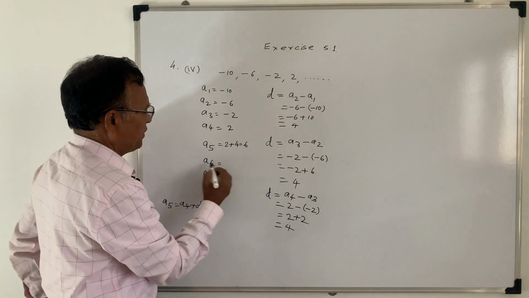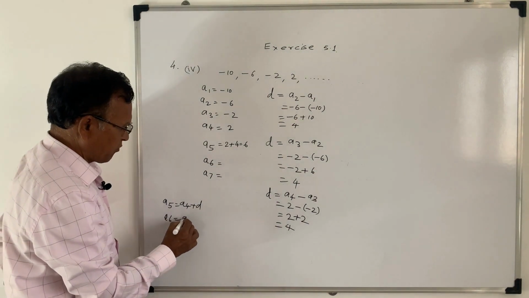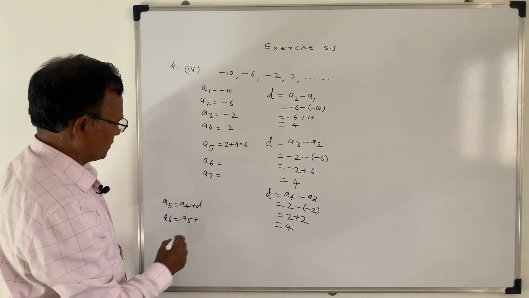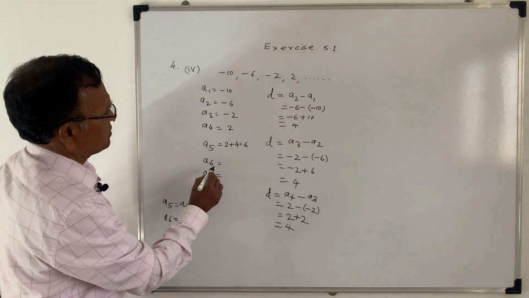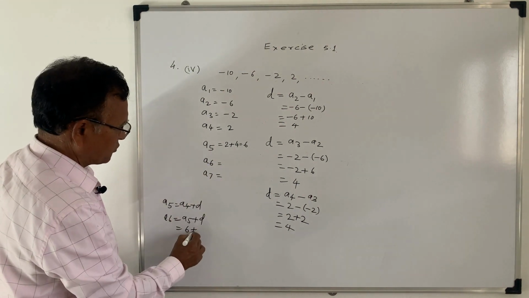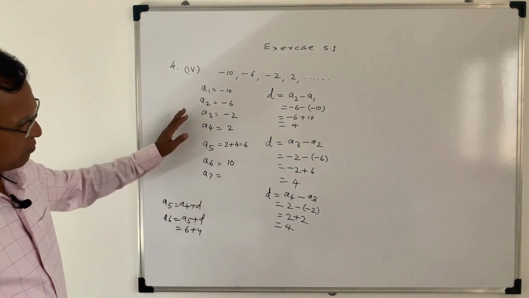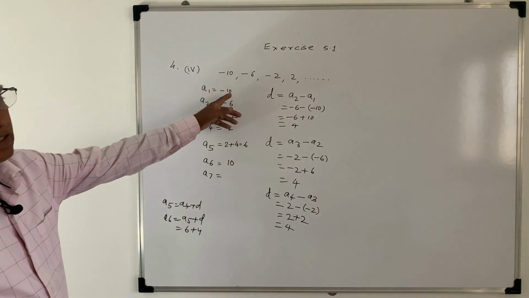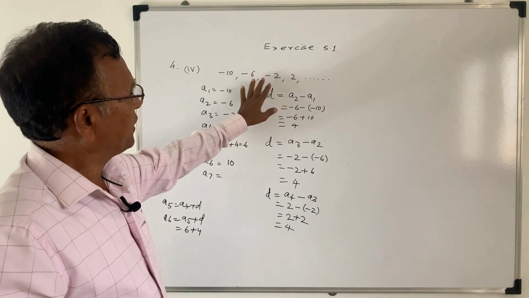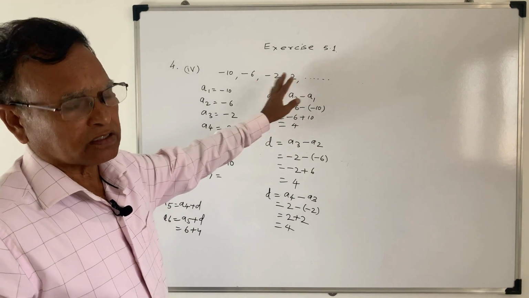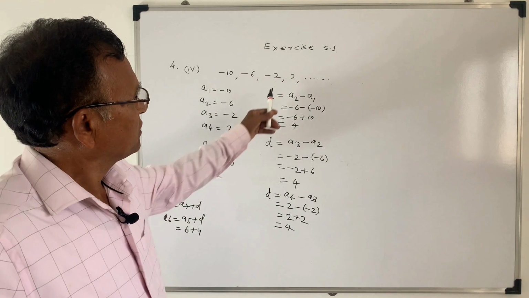Similarly, A6 will be A5 plus D. So A5 is 6 plus 4, that is 10. So thus by adding 4 to the last number, you can get the next number and you can extend the arithmetic progression, or you can find the term.